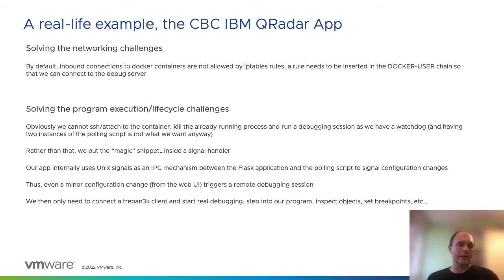So rather than running the debug server in the container, we did this little source code modification, putting the magic snippet in a bit of a weird location: in a signal handler. Why a signal handler? Our application internally uses Unix signals as a means of inter-process communication between the Flask application and our polling script.